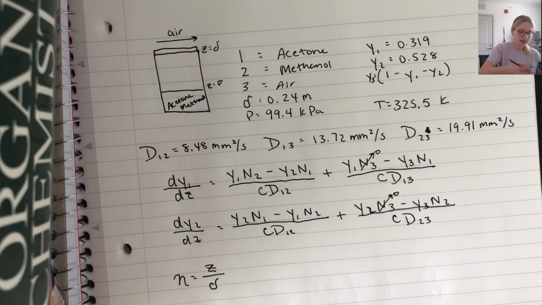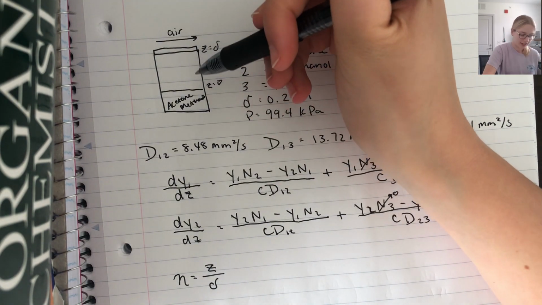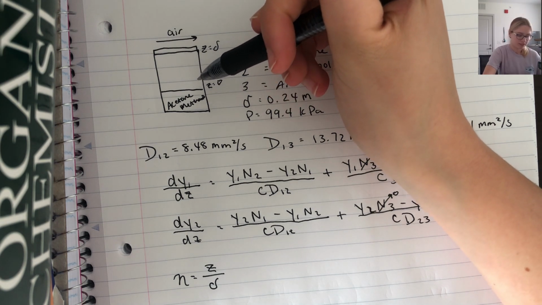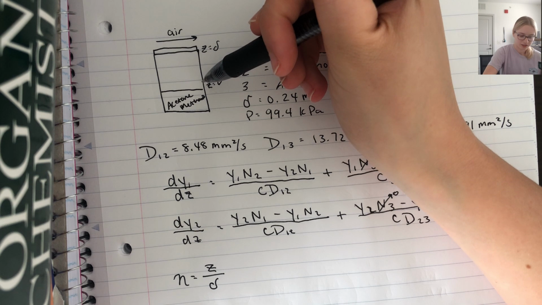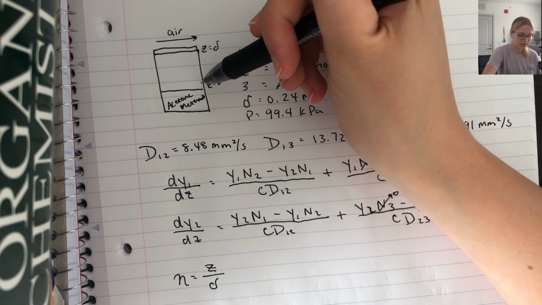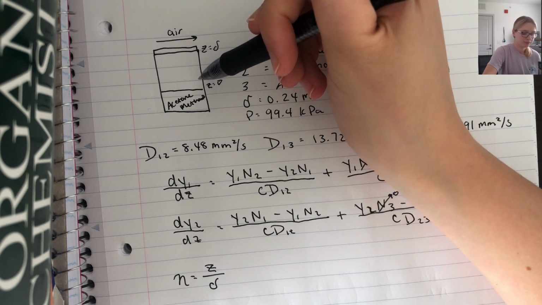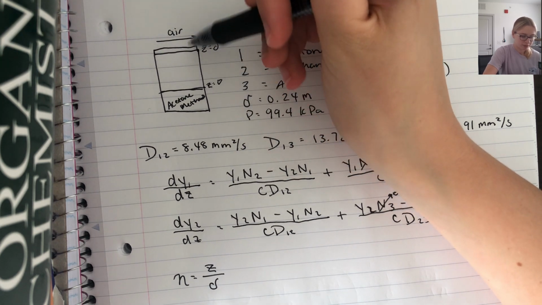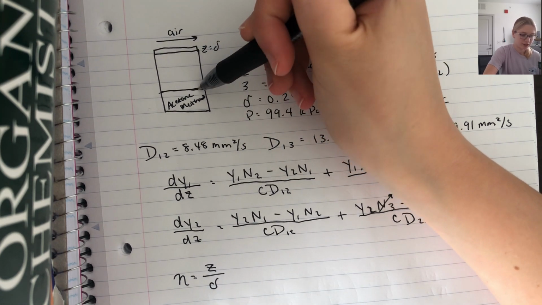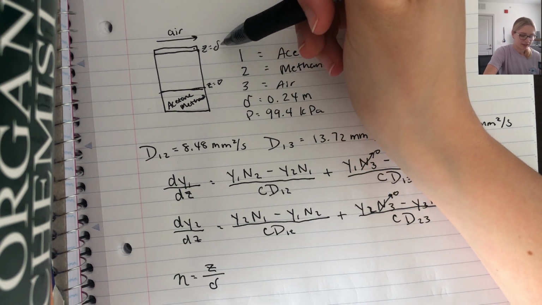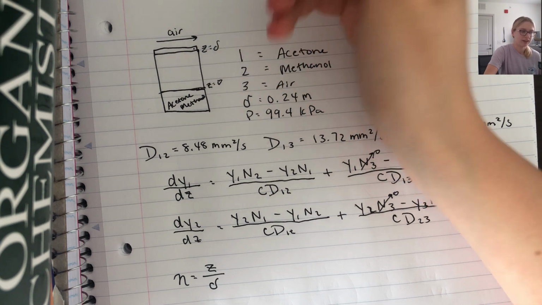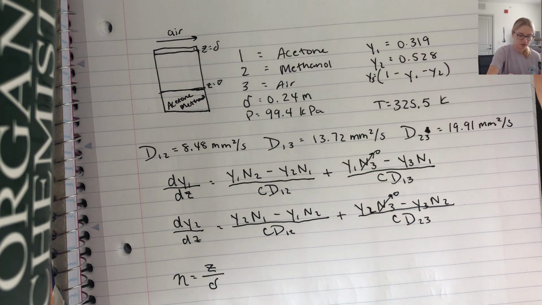By doing this, eta is a dimensionless number, because both Z and delta are in meters, so if you divide the two quantities, you get a dimensionless number. So at any point in this vapor phase, eta is a number between 0 and 1. By dividing by the total length, you scale this quantity down to 1, and that makes everything just a little bit easier to solve.